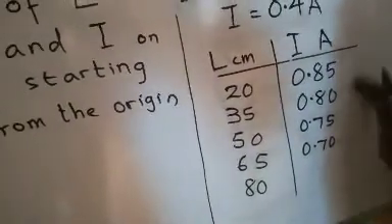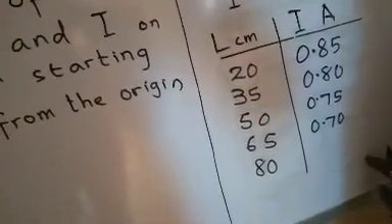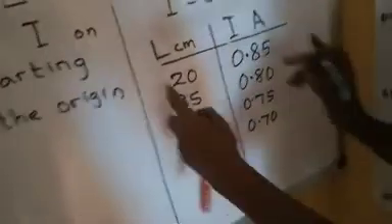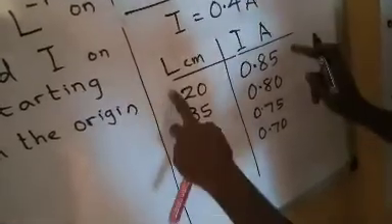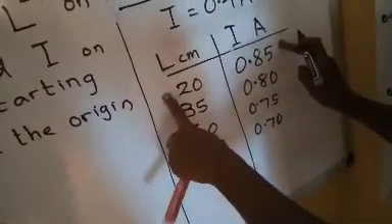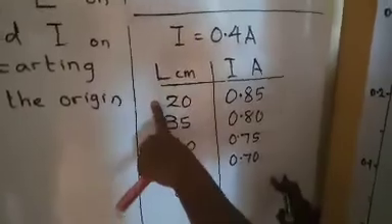I hope you are getting along. If you look at it, as I increase the length of the potentiometer, the value of the current is decreasing. And let us look at 80.